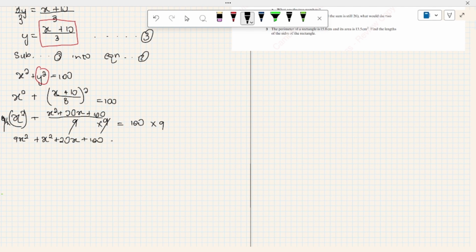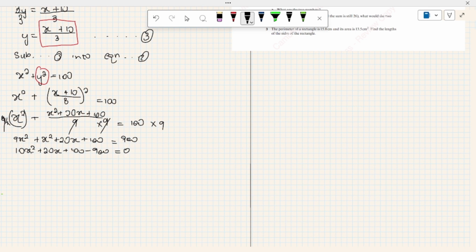plus 100 is equal to 9 times 100, which is 900. Then it's going to be 9x squared plus x squared, which is 10x squared, plus 20x, plus 100 minus 900, which is equal to 0.